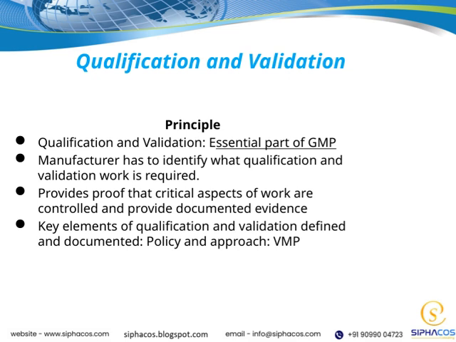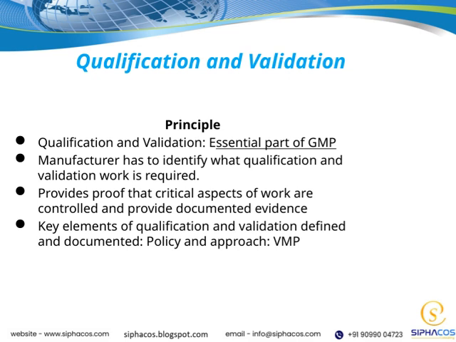This means we can demonstrate, with documented evidence, that our processes are consistent and reliable. Having this documentation is key, not just for compliance, but also for maintaining quality and safety. The core elements here include defining and documenting our approach, often referred to as the Validation Master Plan, or VMP.